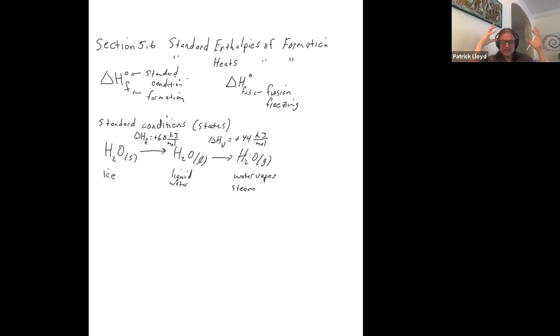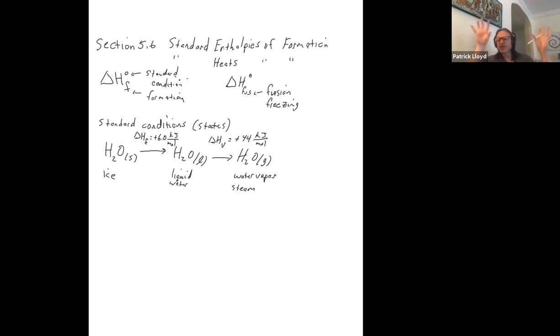So the point of this is that the amount of energy content that a substance has depends on the state of matter it's in. In general, the more random its state, so liquid is more random than solid, the more energy it has. So liquid water has more energy than the same amount of ice. Likewise, steam has more energy than the same amount of liquid water. That's why it's per mole, so that we're saying it's the same amount of material, right?